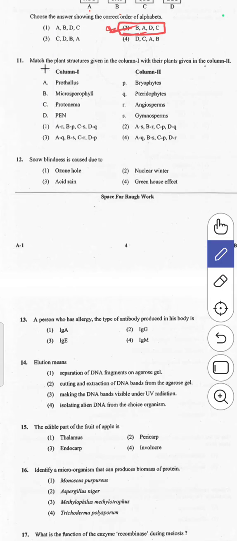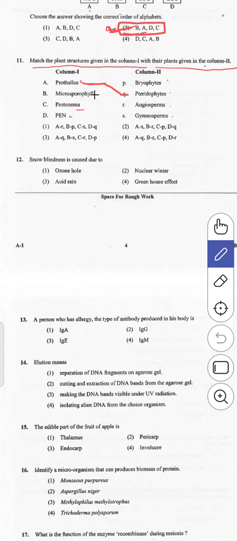Here they have given: match the plant structures given in column 1 with the plants given in column 2. In first column, Prothallus, microsporophyll, protonema, PEN. In column 2, bryophytes, pteridophytes, angiosperm, gymnosperm. A prothallus, it is a characteristic feature of what?